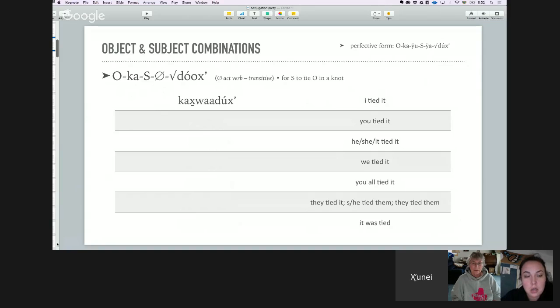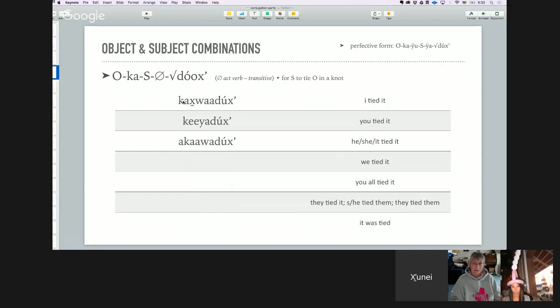So the zero groups have a little bit of a different shape. We're going to get any consonant, and then iya for the second person. Kiyaduch. He or she tied it. Kawaduch.